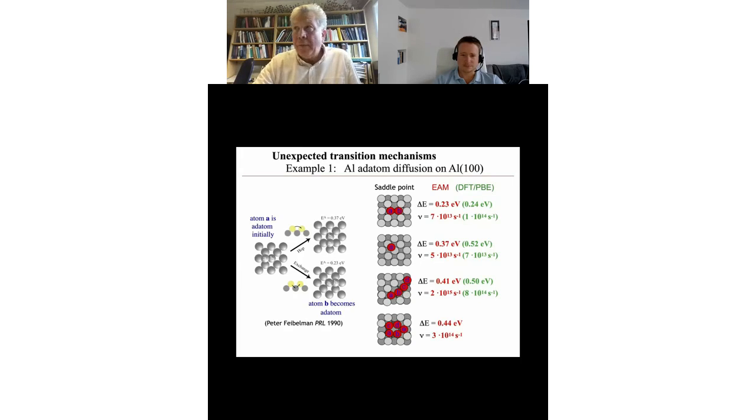And it doesn't really matter whether you do a straight line interpolation or an IDPP interpolation. By specifying the final state, you really have already biased the calculation, and it's unlikely that any minimization would really do that. Okay? So I'm going to talk about a different method that is more powerful than NEB.